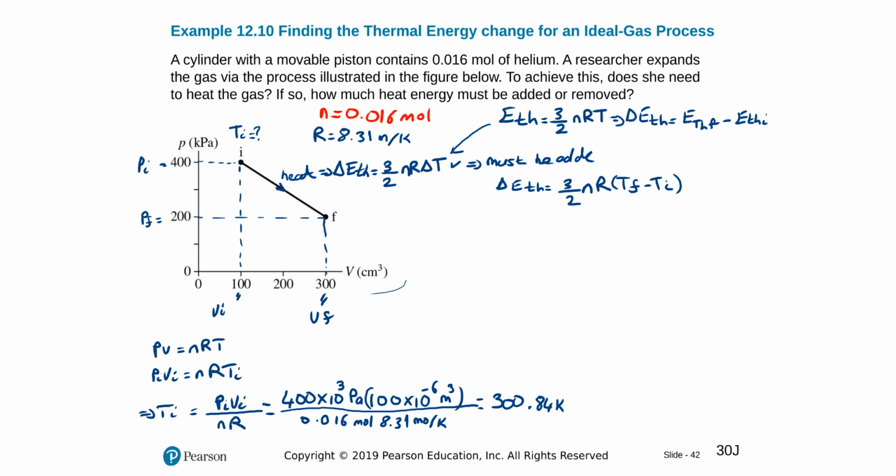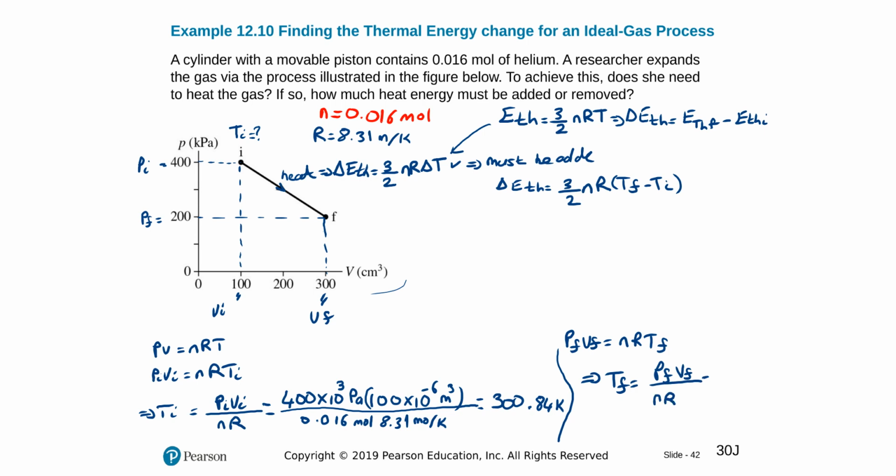Now go ahead and do the same for T final. With the same approach, we will have P final V final equals nRT final. Solve for T final: T final will be equal to P final V final divided by nR.